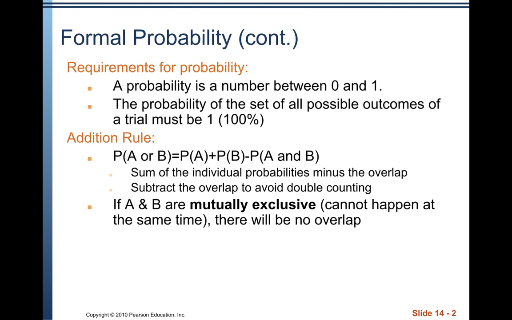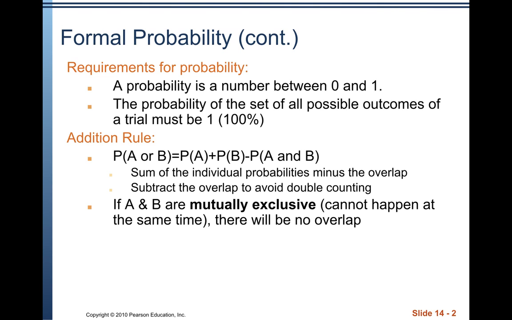Now, there are cases where there isn't overlap. If you have two things that are what we call mutually exclusive, that means two things that can't happen at the same time. Well, if they can't happen at the same time, then there will be no overlap. So go back to the deck of cards example.